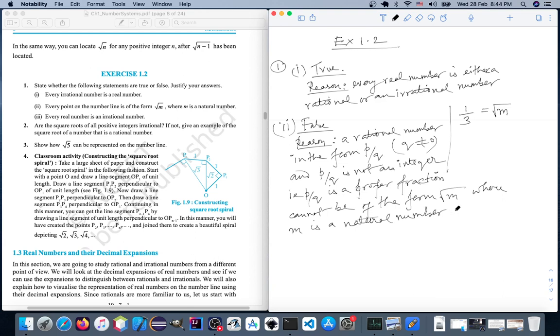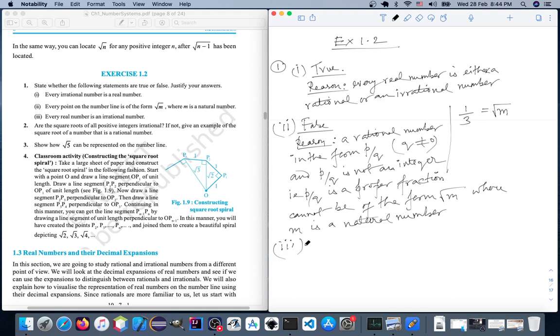So we cannot represent a fraction p by q, where p and q are integers and q not equals to 0, in the form root over m, where m is a natural number. And since a fraction or a rational number belongs to the number line, it proves that every point on the number line cannot be of the form root over m. I hope it is clear.